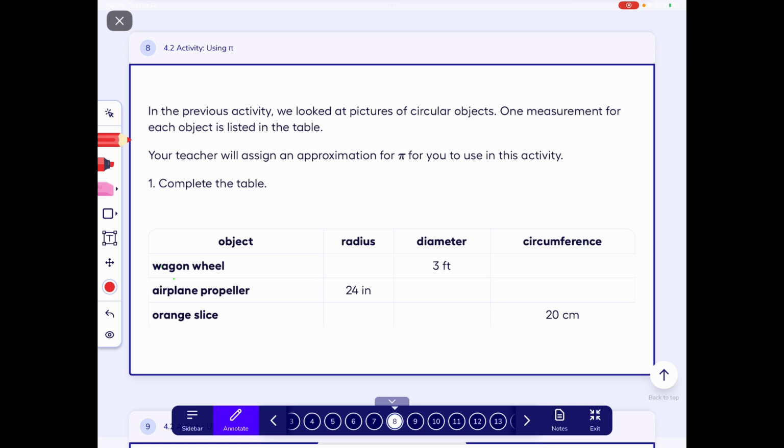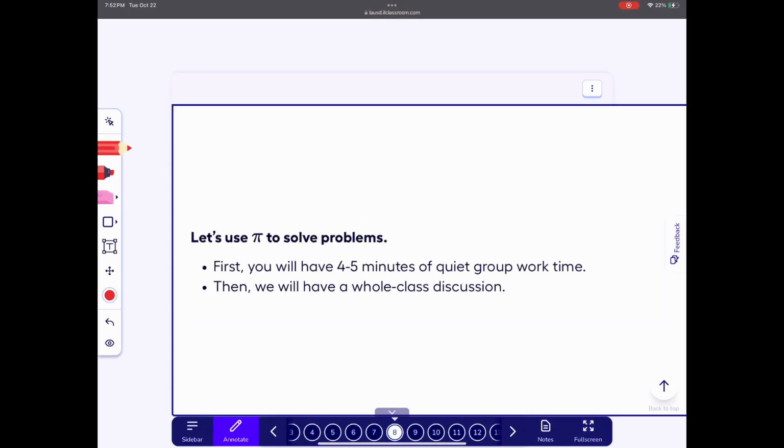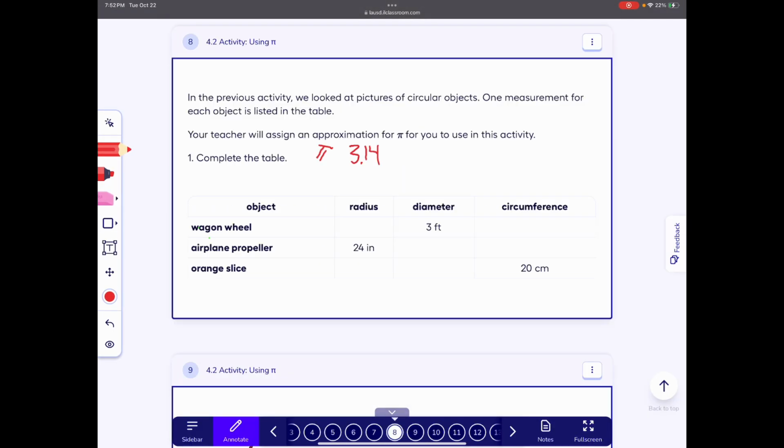Just write out pi. Instead of writing 3.14, you could just simply write pi.